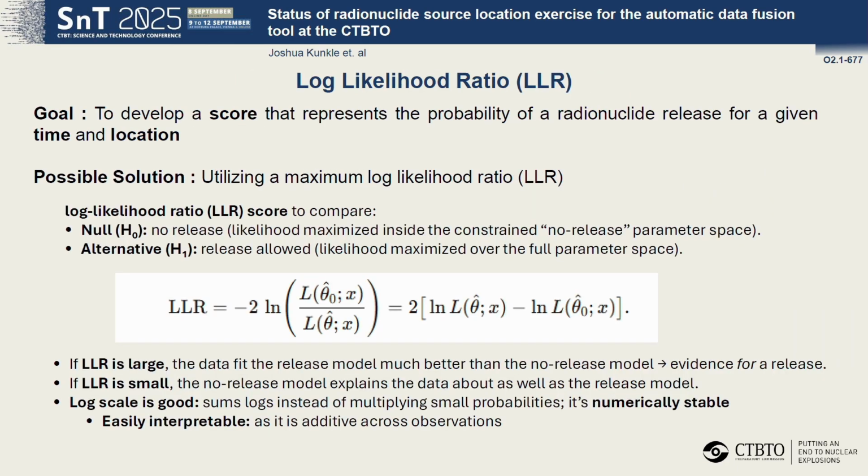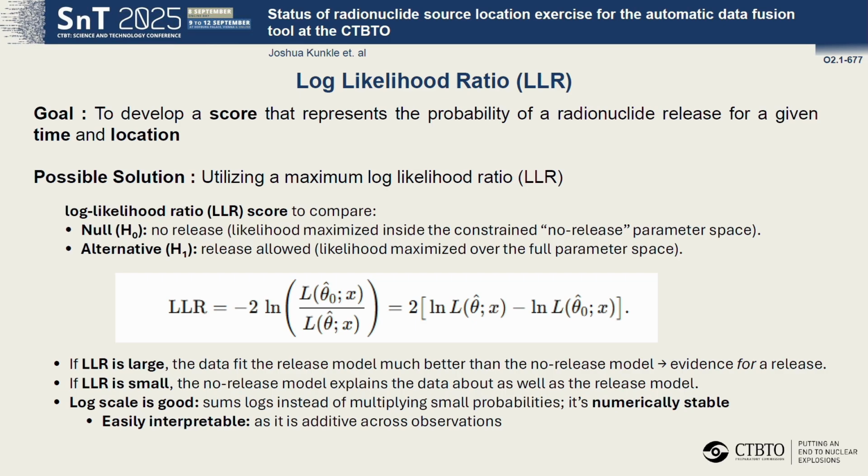So how do we do that? The way we've chosen is to use a log likelihood ratio. The idea is to give a score which represents the probability. The log likelihood ratio is useful because of the formulation there in the middle. It compares a null hypothesis to an alternative hypothesis. You maximize the likelihood under the null hypothesis and compare that to the maximum likelihood under the alternate hypothesis.